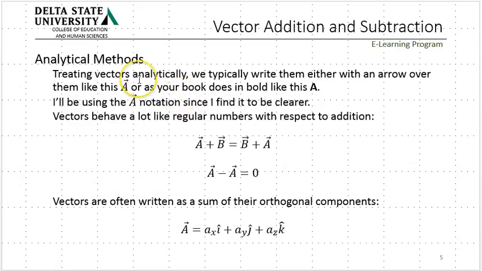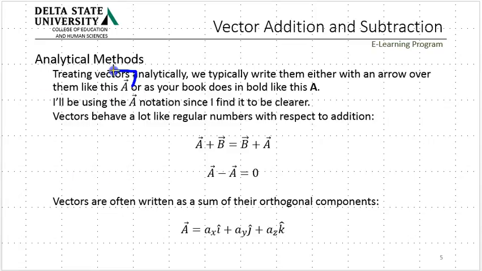So we're going to start talking about vector addition and vector subtraction. We're getting a little bit more formal on how we do this. A vector is just a quantity that has both a size and a direction. And we write them in a couple of different ways.